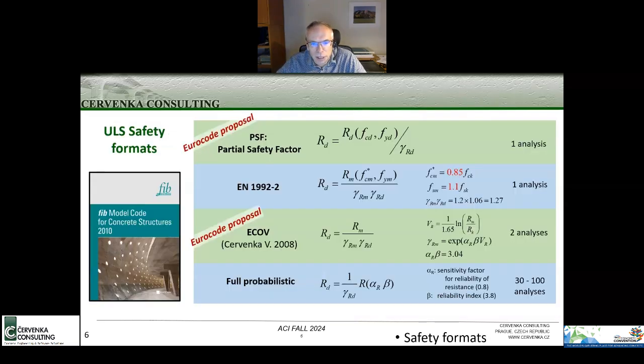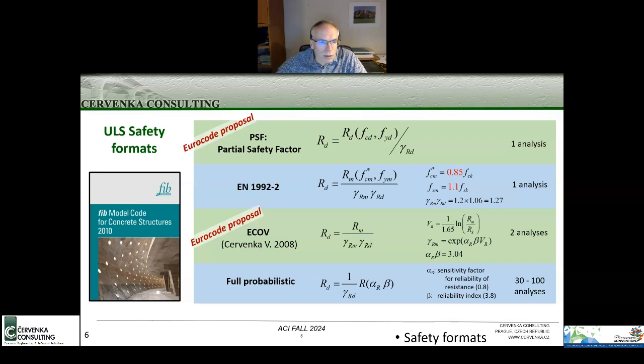Well, of course, when assessing or designing structures in practice, we need to put everything into some safety formats. So very quickly, there are formats available. The fib Model Code is one of the best sources.